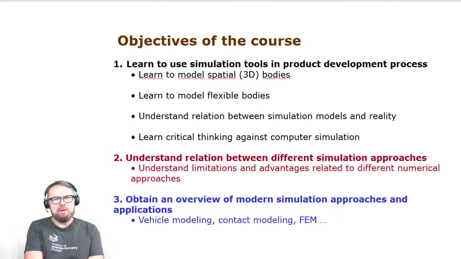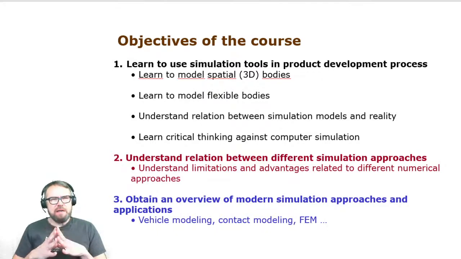We're not going to repeat all the details of what we did in the fall, like the Lagrange multipliers and so on and so forth. That's not the plan here. It's mainly about the difference in terms of kinematics. What is needed to model spatial bodies?